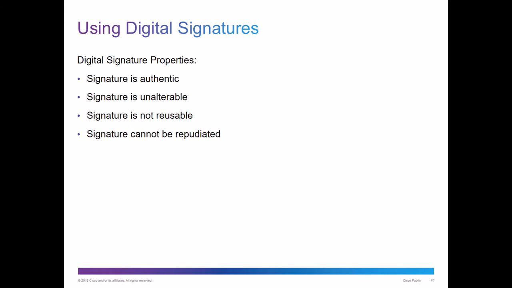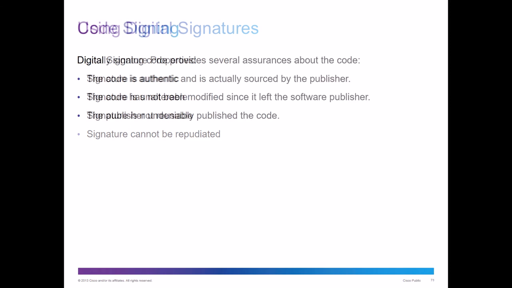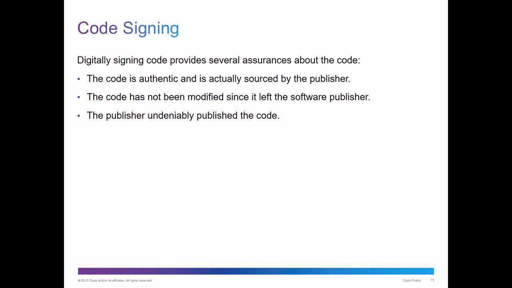Let me repeat again what the digital signature is. Before we get to code signing, a digital signature is when you take your message, you run it through a hash, and you encrypt it with a key. The encrypted hash that is stamped on the message is your digital signature, right?